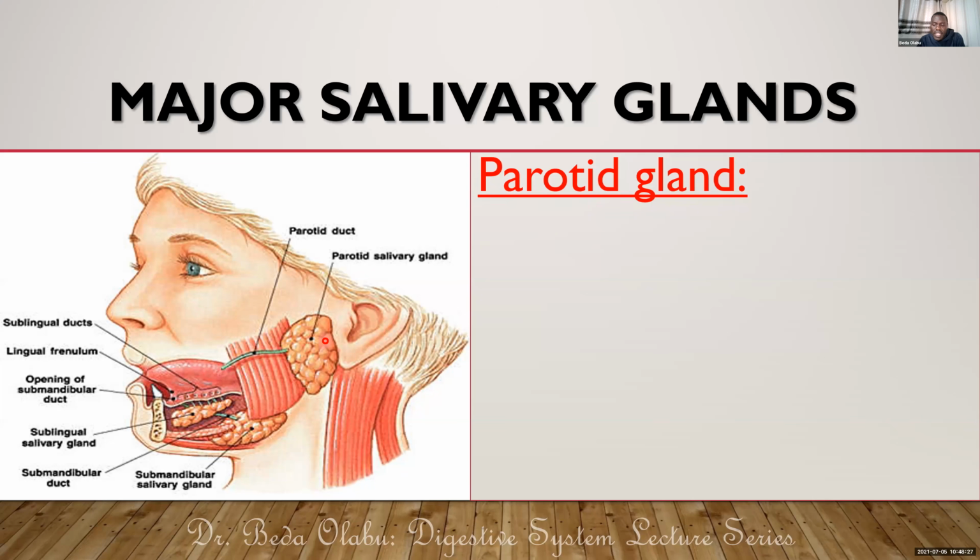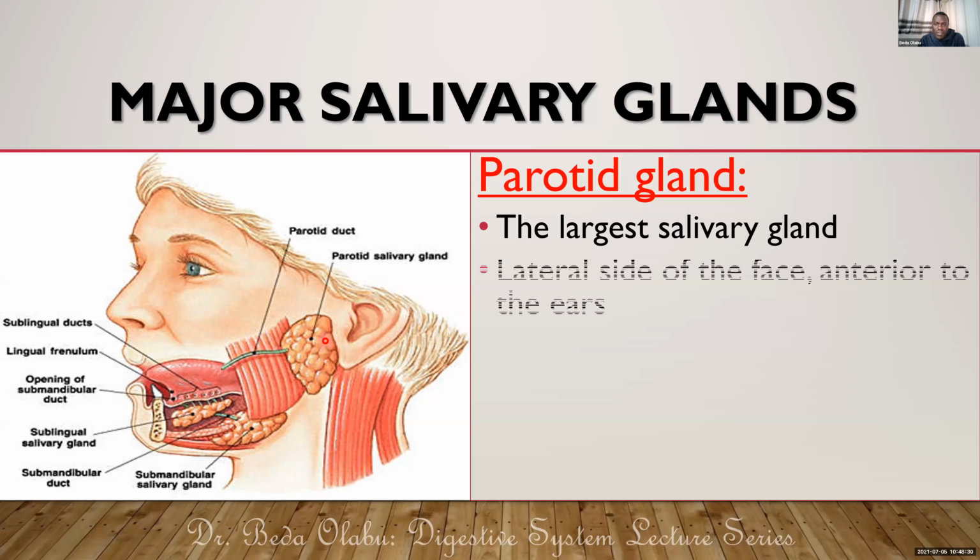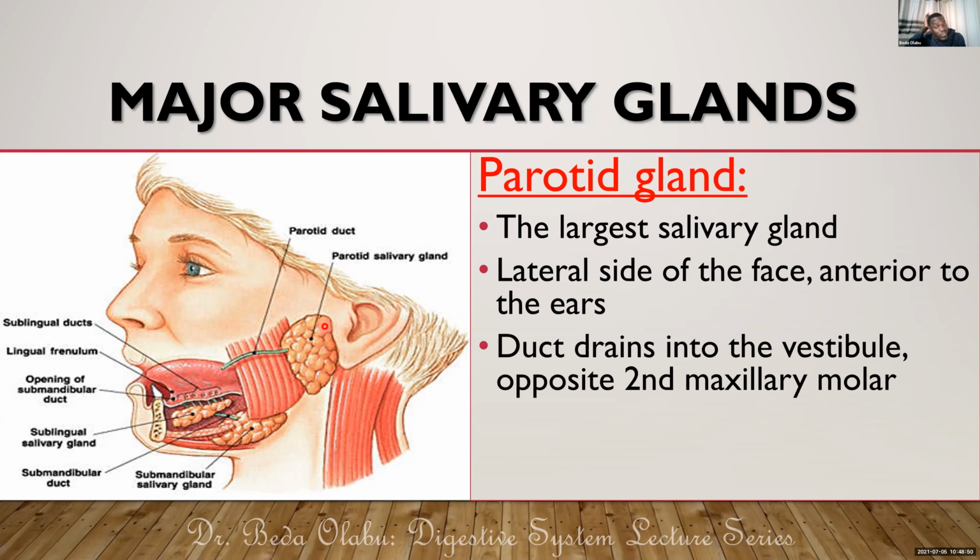The parotid gland is the largest salivary gland. We know that it is on either side of the face, basically anterior to your ears, usually extending slightly down. And from your head and neck anatomy, you remember that the parotid glands are just below the zygomatic arch. The duct of the parotid gland is a single duct that drains into the vestibule of the mouth, opposite the second upper molar tooth.